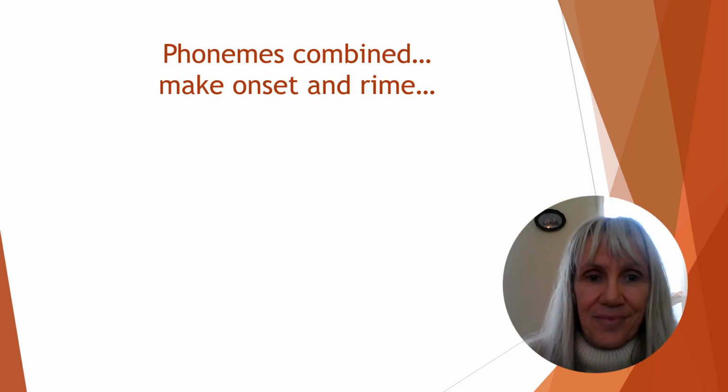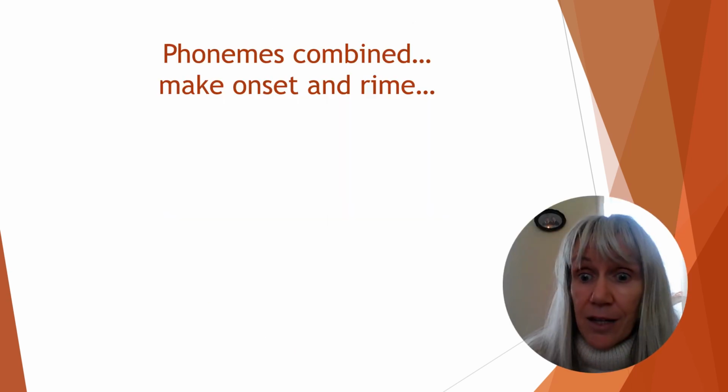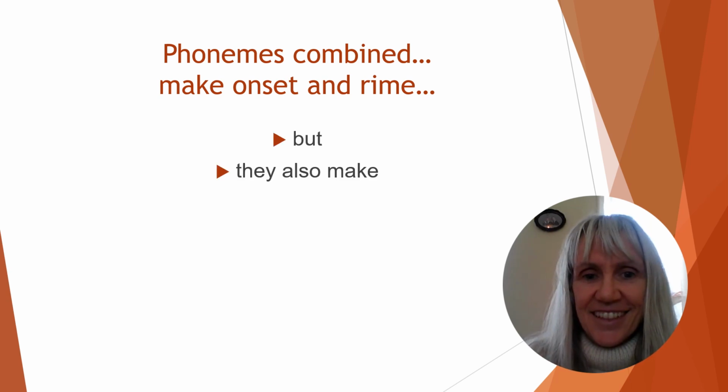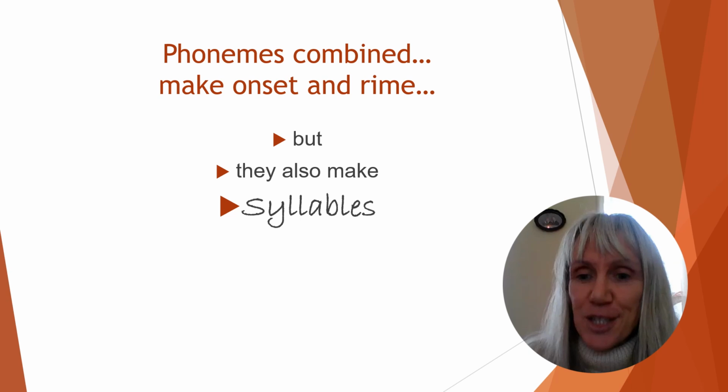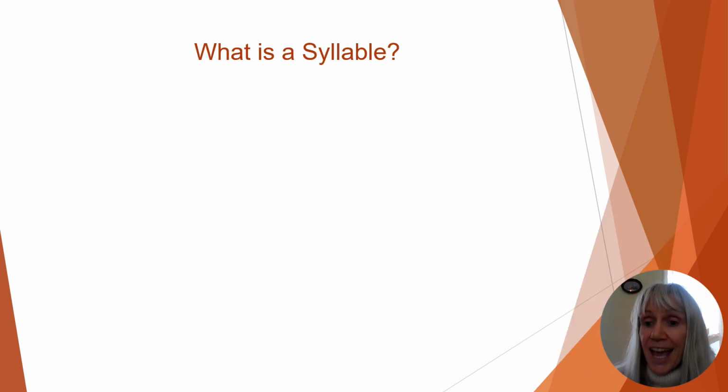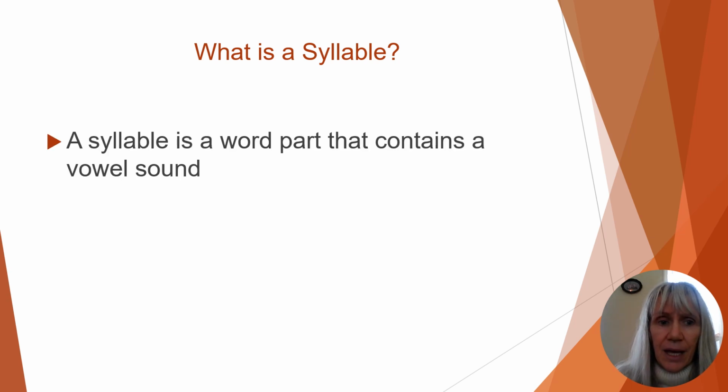So let's listen to phonemes and syllables. Remember that phonemes combined make onset and rhyme, but they also make syllables. And what is a syllable? A syllable is a word part that contains a vowel sound.